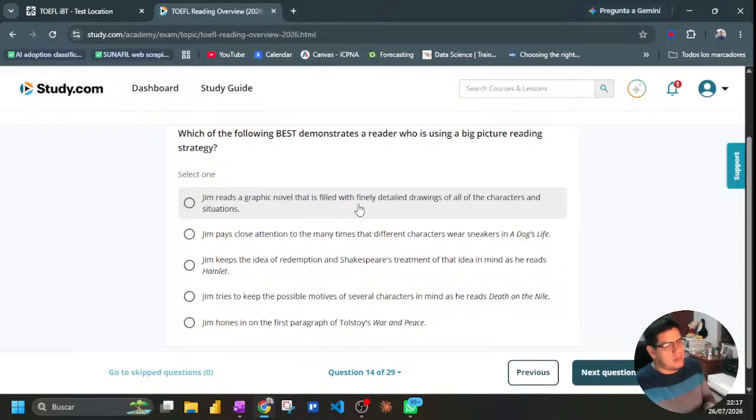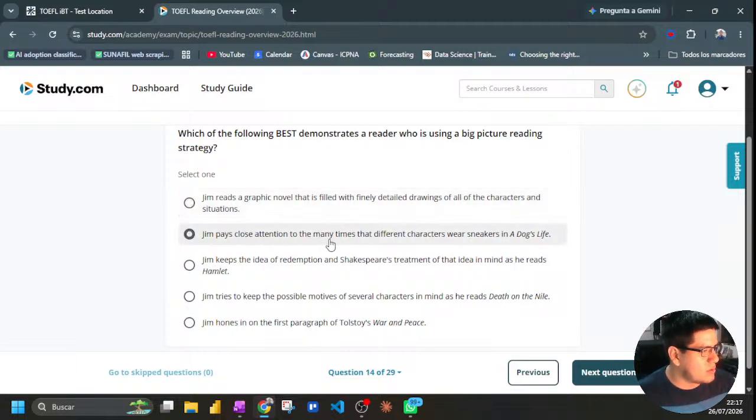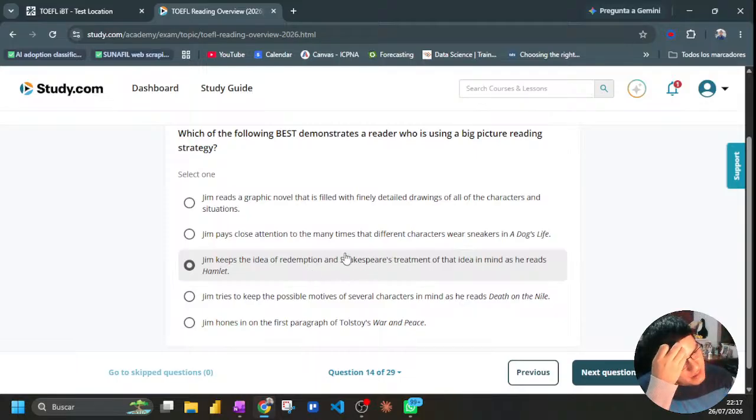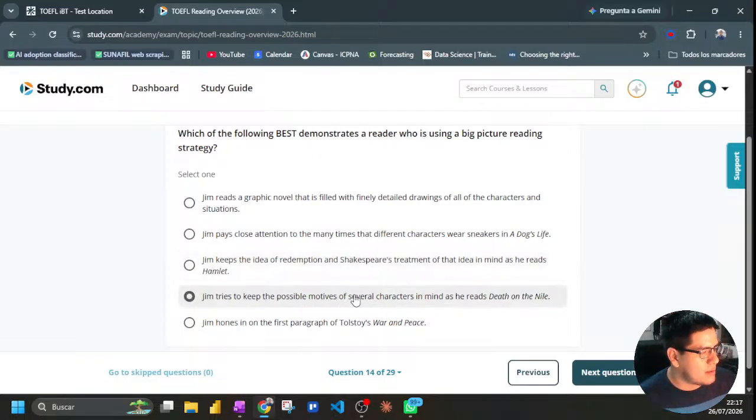Big picture, for example, reads the novel. Yeah, I think it's not that, it's just a big picture. Close pays close attention to many times and different characters. It's not big picture. Keeps the idea of redemption and Shakespeare's treatment of the idea in mind as he reads. Jim tries to keep the positive motives of several characters in mind.